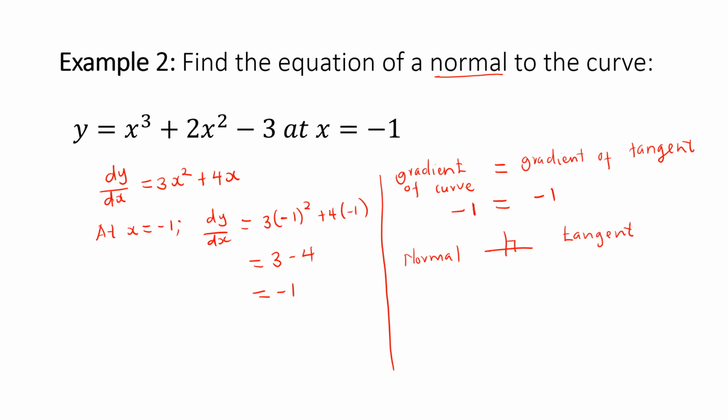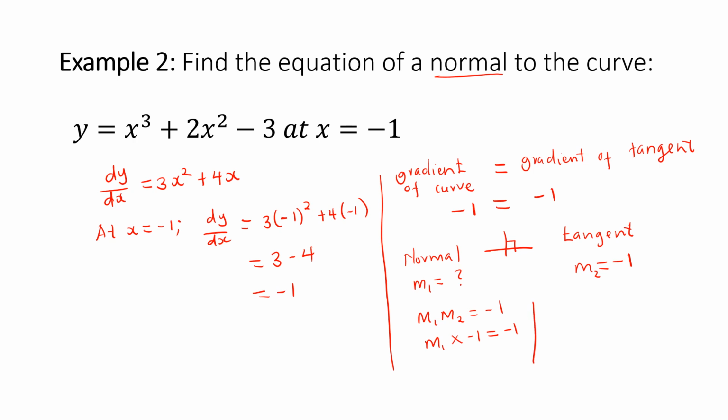So say that if the gradient of the tangent as given in this problem is -1, so let us say this is M2, we are looking for M1, which is the gradient for the normal. We note that for perpendicular lines, if we multiply their gradients, we get -1. So M1 we don't know, M2 we know as -1 should give us -1.